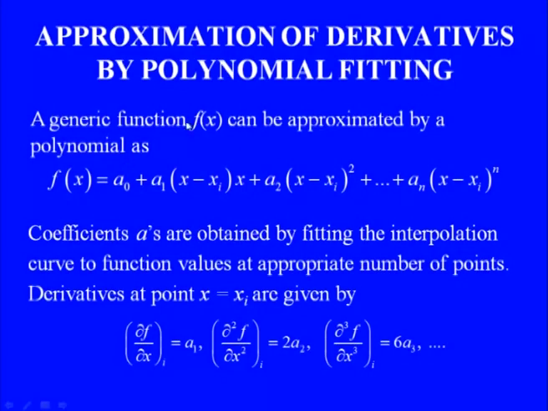Now next let us move on to the approximation of derivatives by polynomial fitting. So if we have any generic continuous function, let us call this function f(x), it can be approximated by a polynomial.